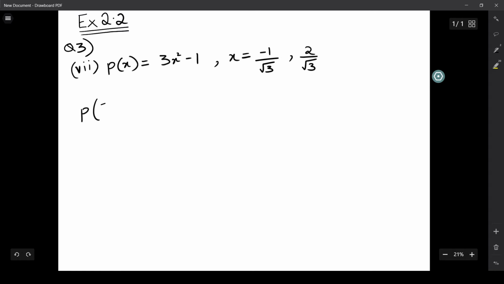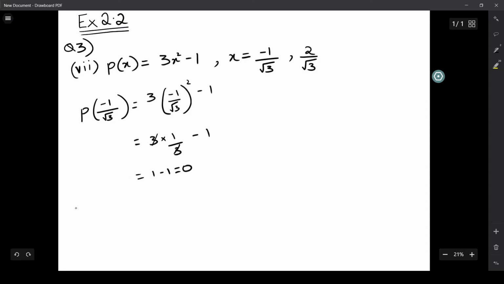So let's start with first one, which is minus 1 by under root 3. We'll replace it for the value of x. This becomes 3 into minus 1 by under root 3 whole square minus 1. This brings us to 3 into 1 by 3 minus 1.